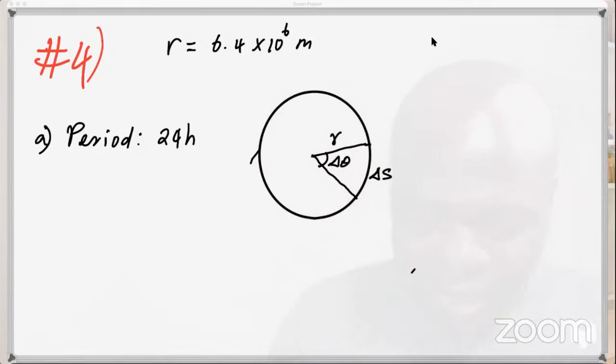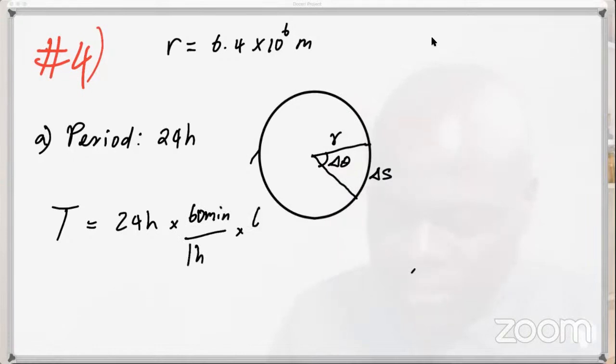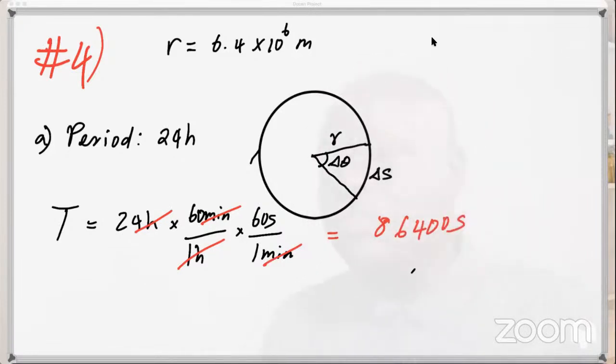The symbol for period is uppercase T. So 24 hours times 1 hour is equal to 60 minutes, and 1 minute is equal to 60 seconds. Simplify this and you get 86,400 seconds. So that's the period of the Earth's rotation.